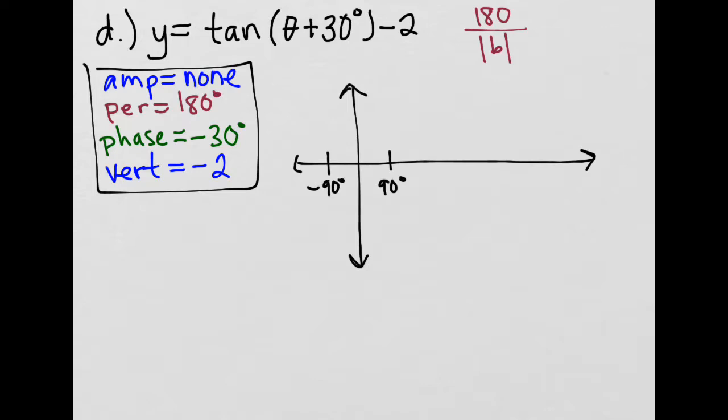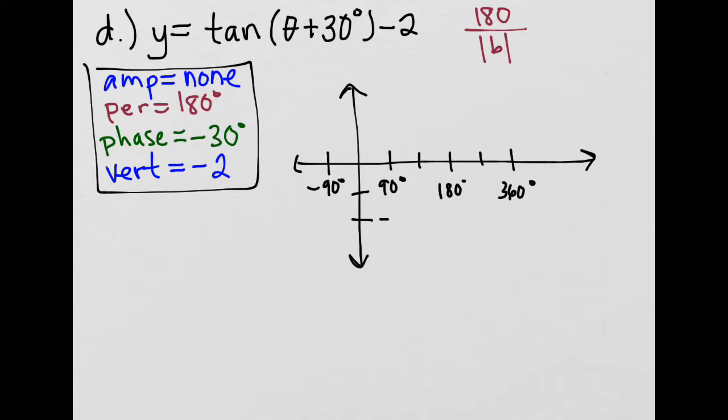Okay, and then we're going to repeat the process. We're going to have another tick mark, and then that'll be, let's see, 180 degrees, because that's the period length. And then if we go over 2 more, that'll be 360 degrees. Okay, and we are moving our graph down 2 units.